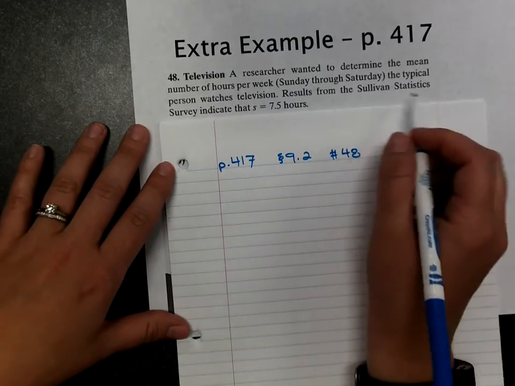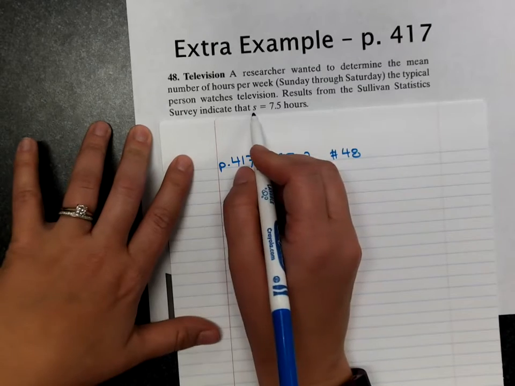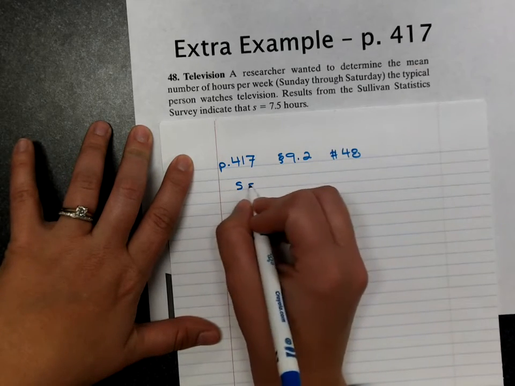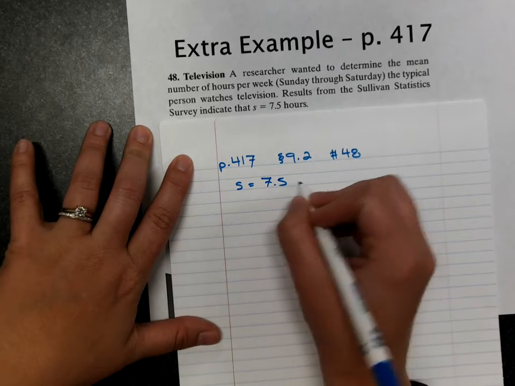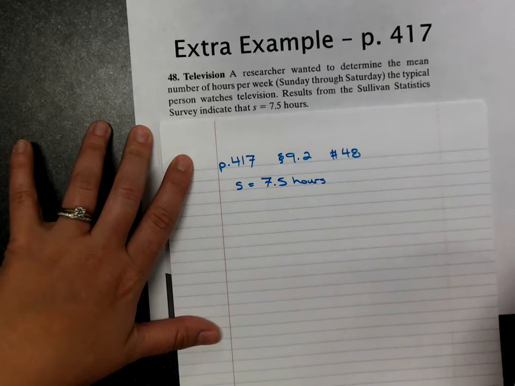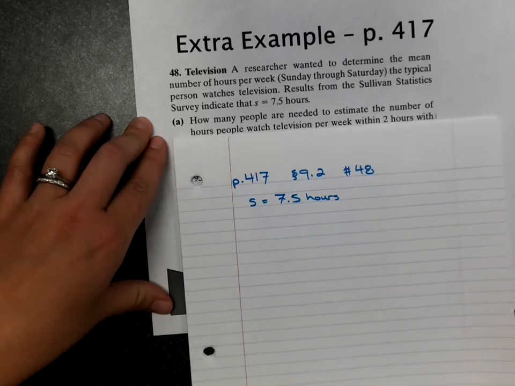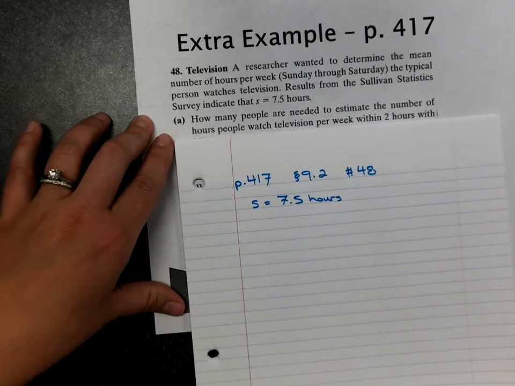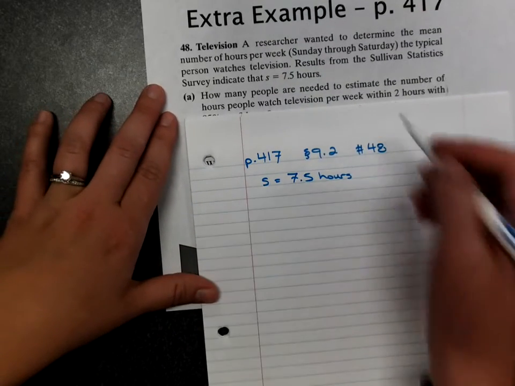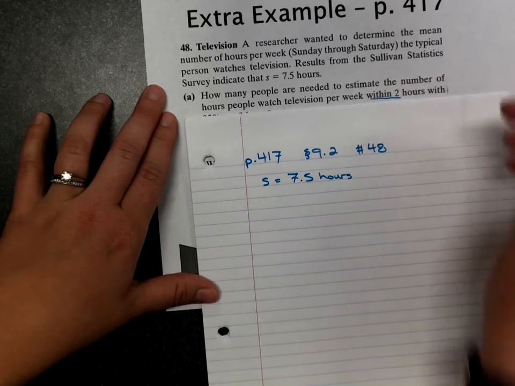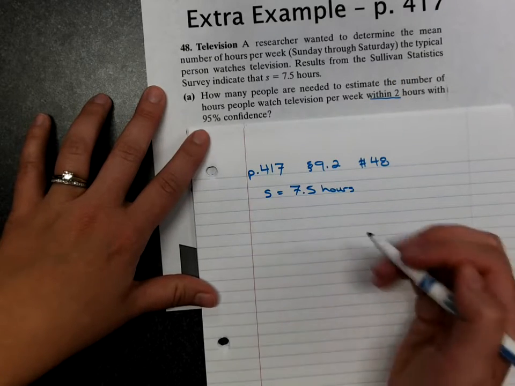Results from the Sullivan Statistics Survey indicate that the sample standard deviation s is 7.5 hours. So they have results from previous surveys, but they do not have a true standard deviation. How many people are needed to estimate the number of hours people watch television per week within 2 hours with 95% confidence?